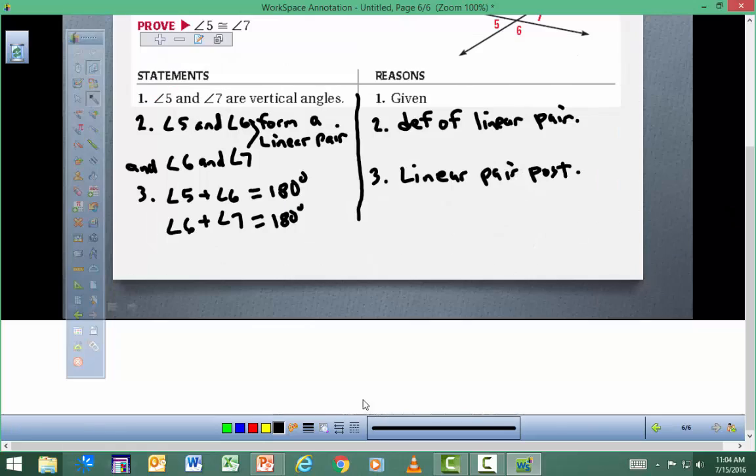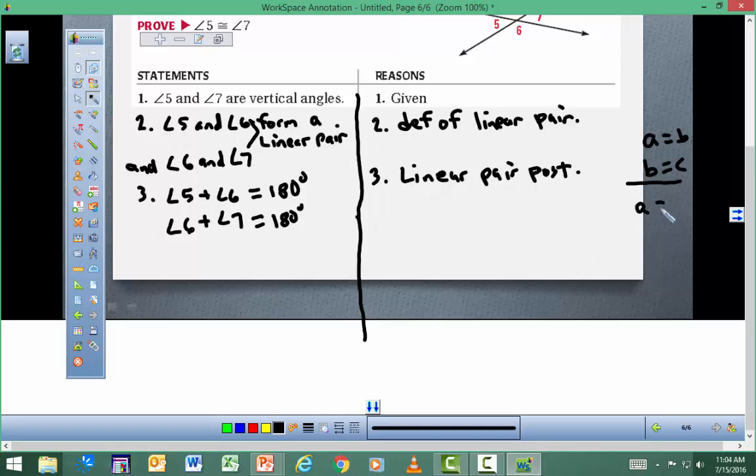Alright, well, so now you should recognize the transitive property again. Let me just write that down. It said something like A is equal to B, B is equal to C, and therefore what can we say? We could then say that A is equal to C. Okay? And so here's the pattern. Where do you see the things that are equal? These are the two things that are equal.